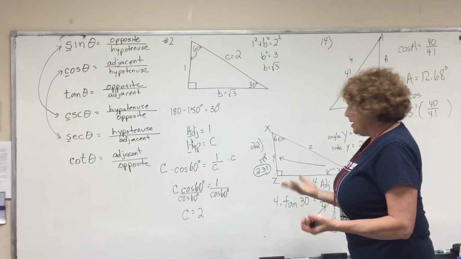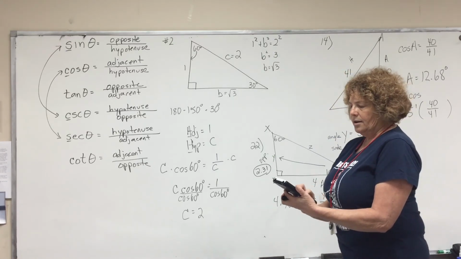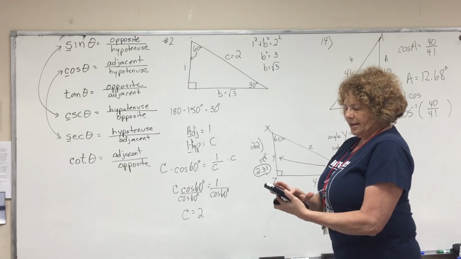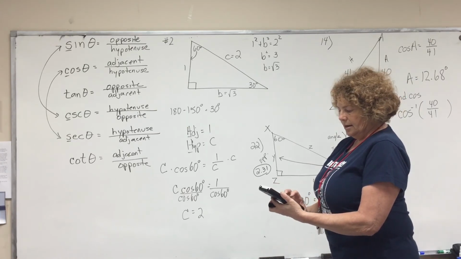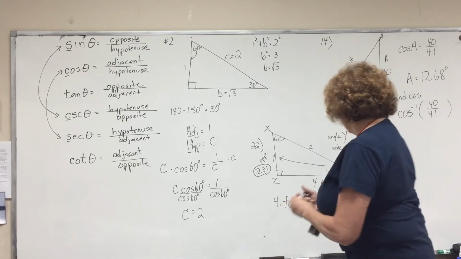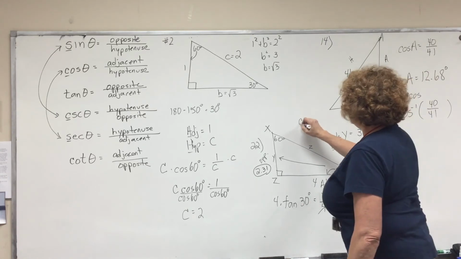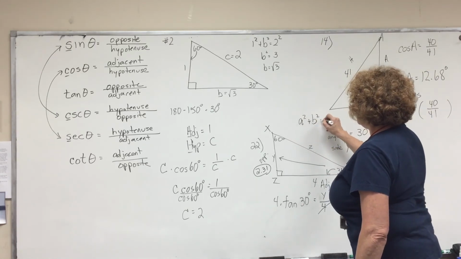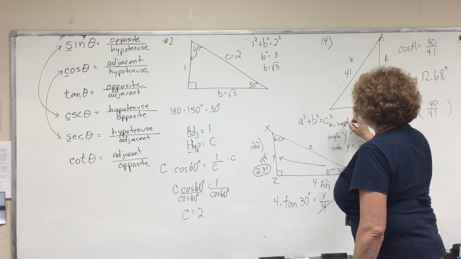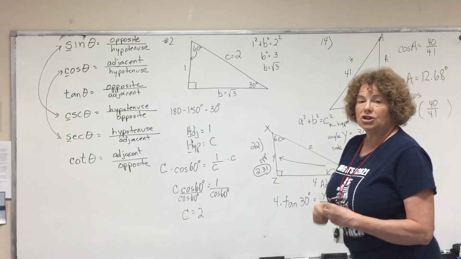Side z, we can just use the Pythagorean theorem. 2.31 squared plus 4 squared, and then we get the square root of that, and it comes out to 4.62. So Pythagorean theorem is a squared plus b squared equals c squared, in case you've forgotten, and c is the hypotenuse. You don't need to worry about which one is a and b because it's just the two sides.